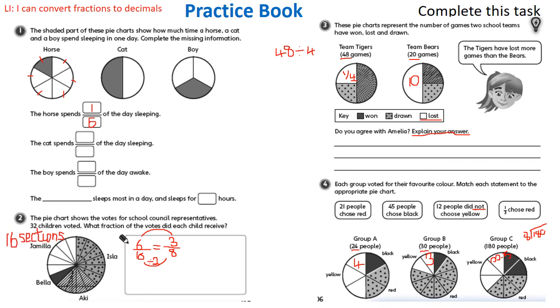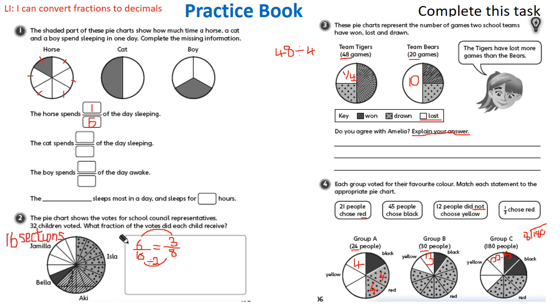Okay, now let's have a think. Choosing red. 21 people chose red. Well, red is the spotted one. So in group A, that section is worth 4 people and that section is 4 people. So how many people chose red for group A? Well, it was only 8.